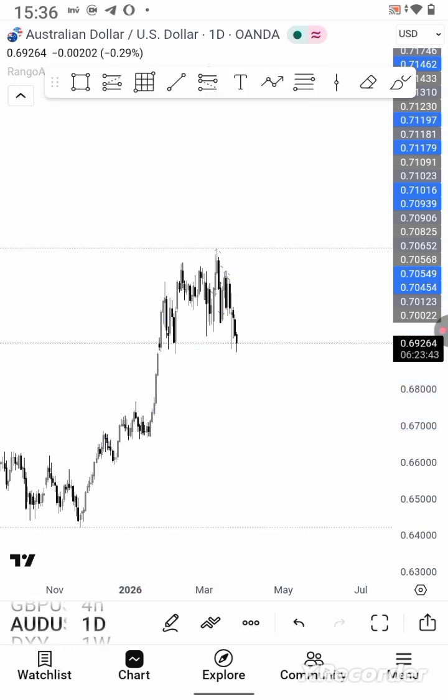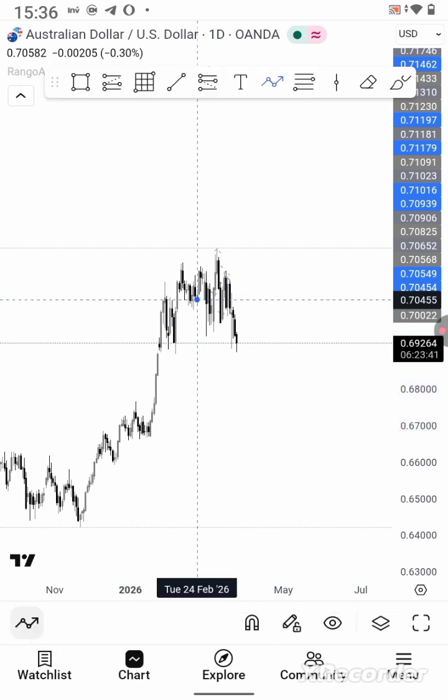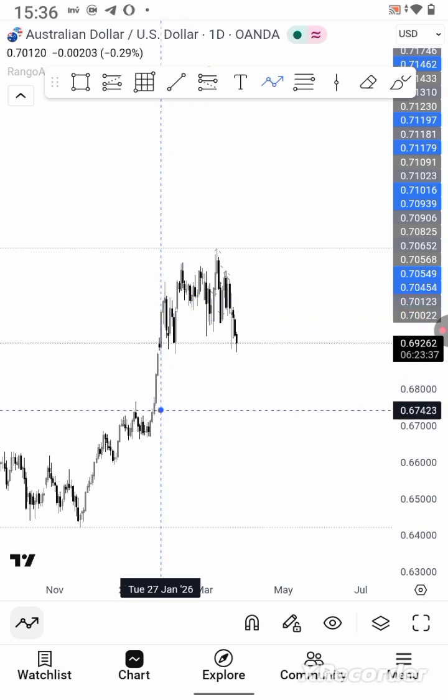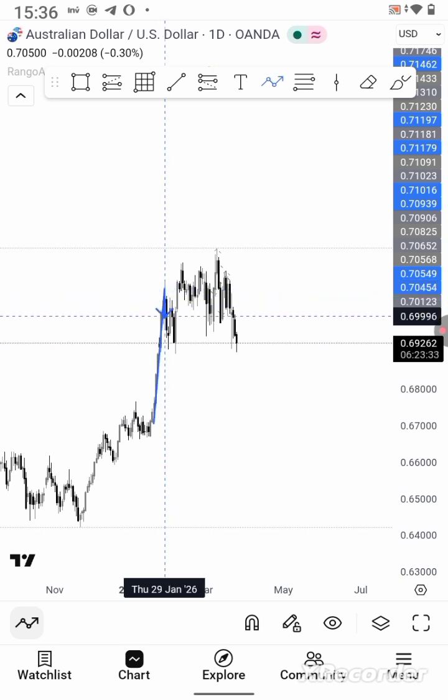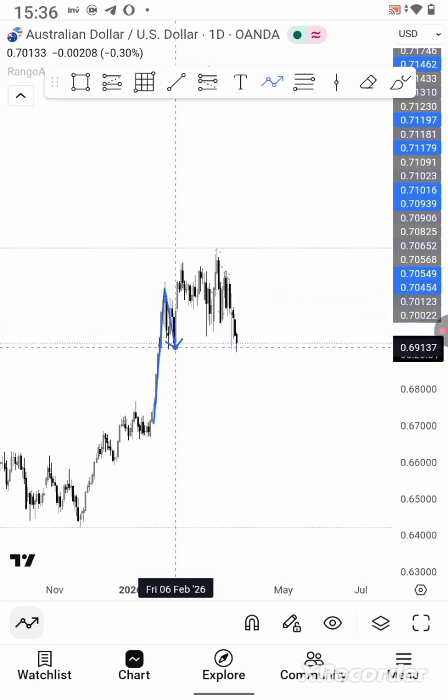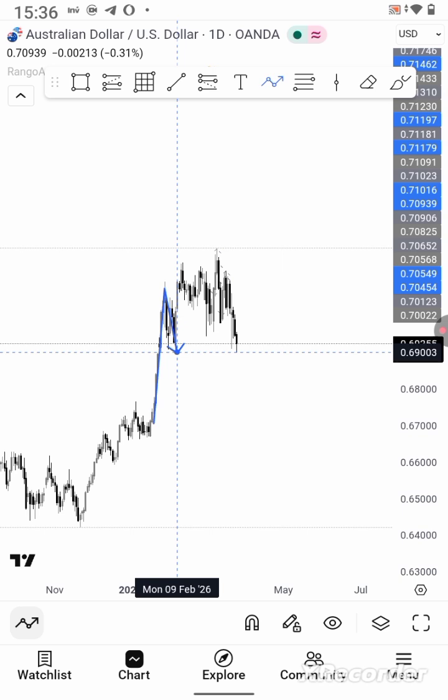Let's use this arrow tool to see where our market is going. This is the daily time frame. The market went up, then came down. This is a higher low. The higher low is the lowest point the market got to after pushing up.